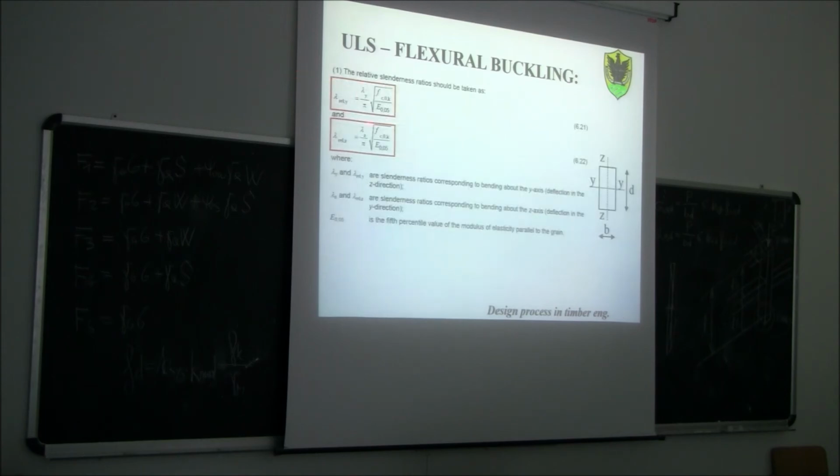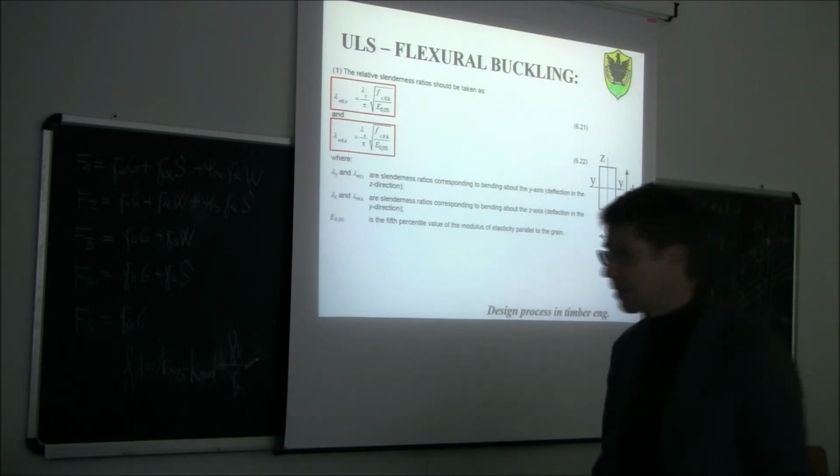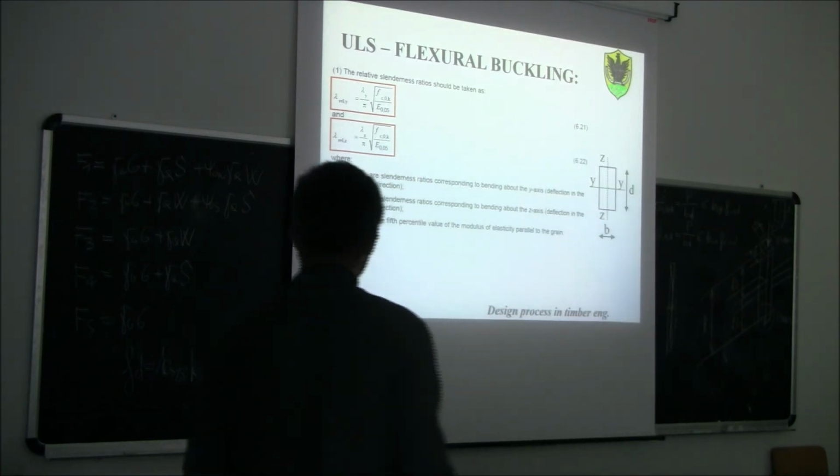The relative slenderness ratio, you see, is the slenderness ratio of your member, the one that we defined before, divided by pi times the square root of the characteristic strength of timber parallel to the grain divided by the 5th percentile of the modulus of elasticity of timber parallel to the grain.